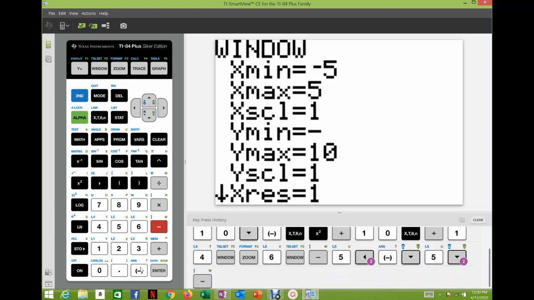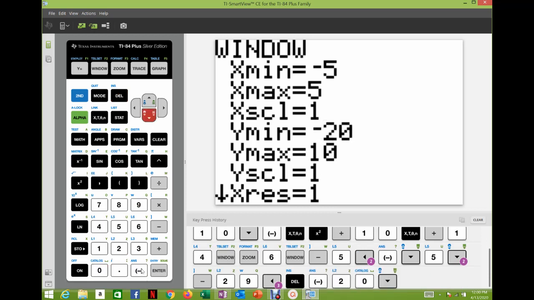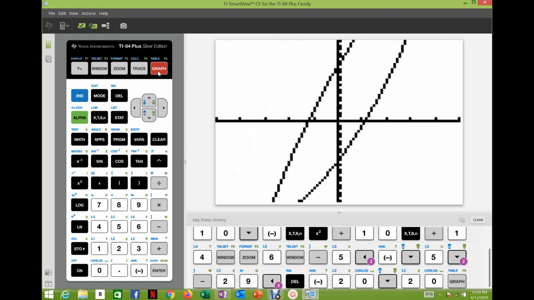We'll start there and see if that gives me a good enough window. I still might have to adjust my window. Yep, I still have to go up bigger.